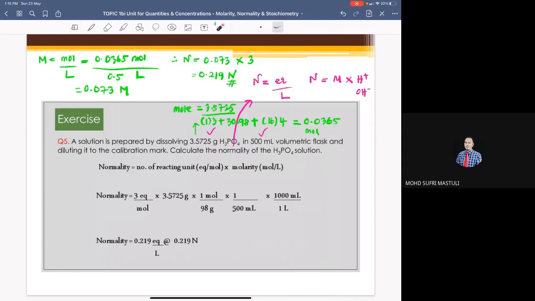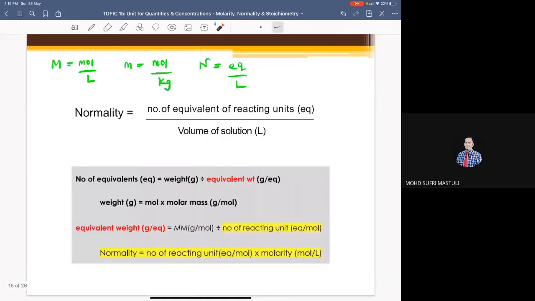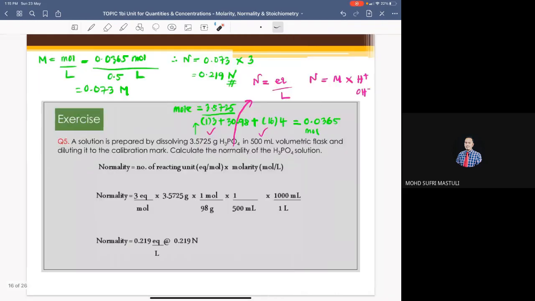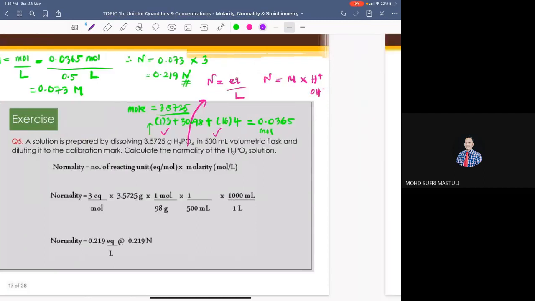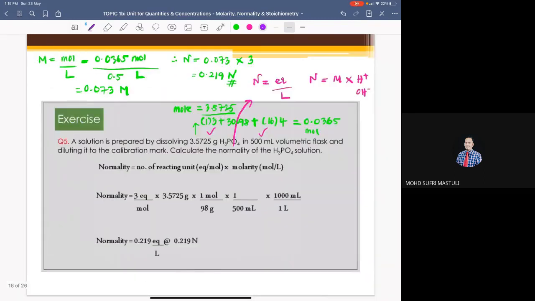The answer given in this slide is using this formula, the number of equivalent of reacting unit per volume of solution in liter. So, okay, let's work out how this can be done using the number of reacting unit per liter.